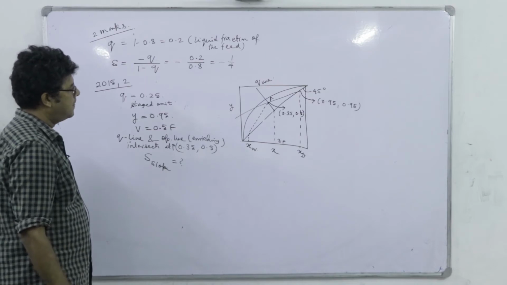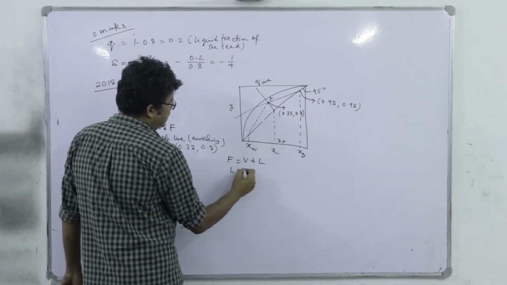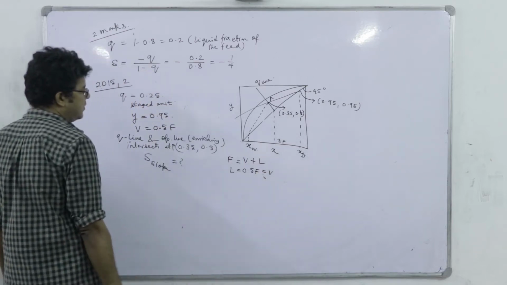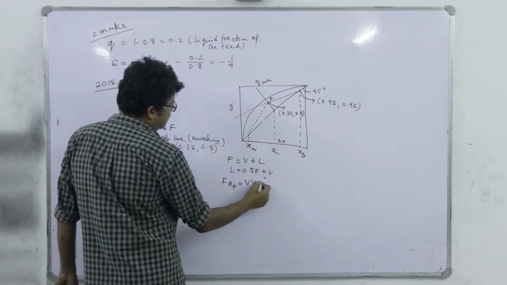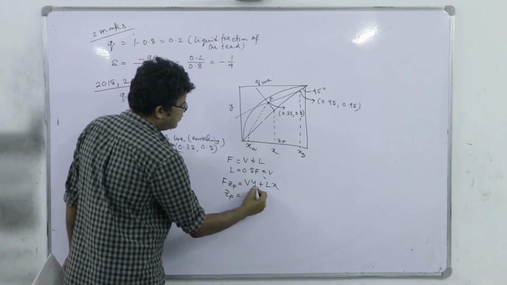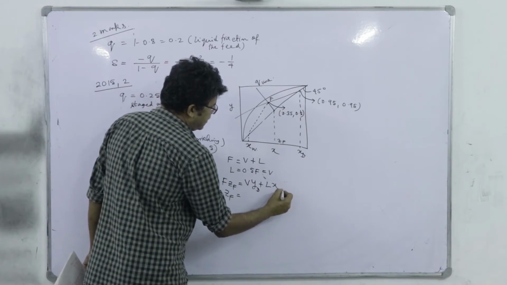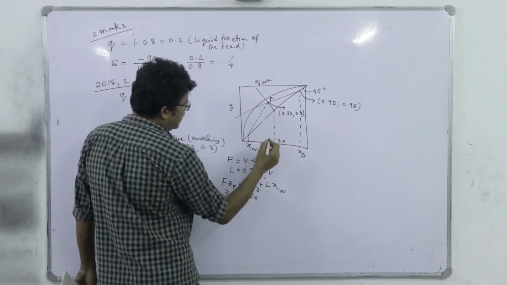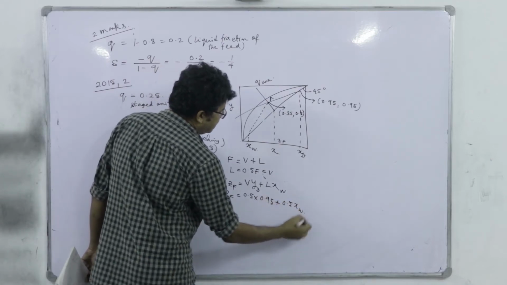So if I write F is equal to V plus L, L is also 0.5 F, same as V. So F ZF is equal to V into Y plus L into X. So ZF equal to 0.5 into YD, YD is given 0.95, plus 0.5 into XW.